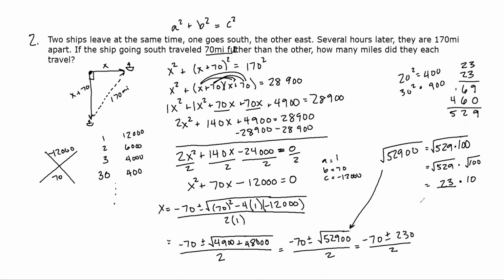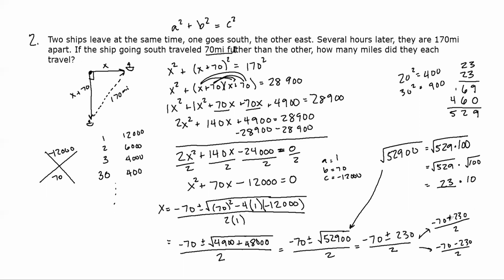Now, we have two different answers here, but only one will work. We're going to have negative 70 plus 230 over 2, and negative 70 minus 230 over 2.